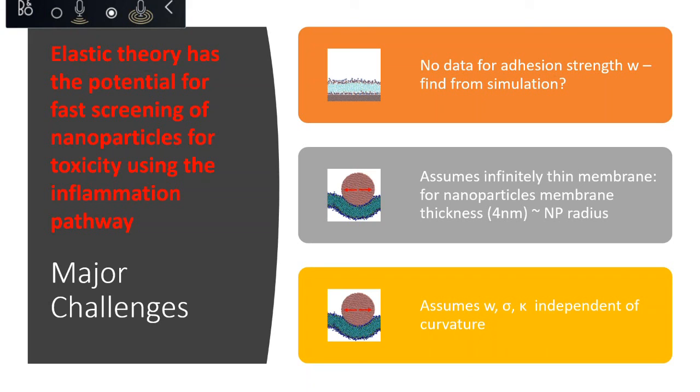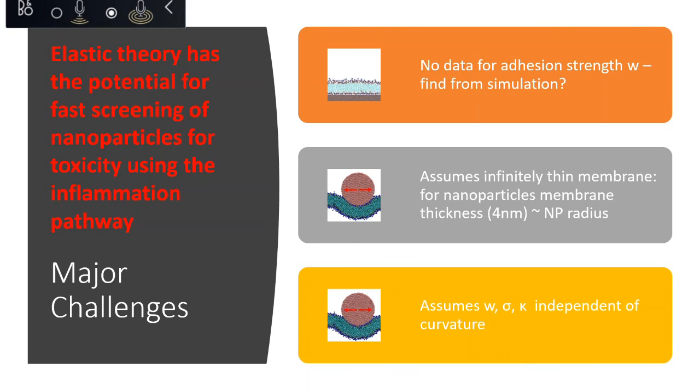Also, of course, there are some pretty big assumptions, including the infinitesimally thin membrane. Now, a real membrane has a thickness of about 4 nanometers, which is not so different from the nanoparticle radius of many of the systems that we're looking at.